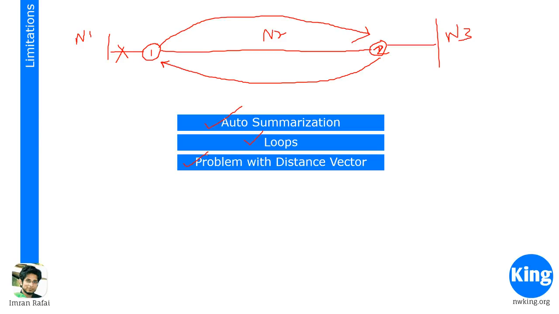So distance vector has an inherent problem, and that's why we will look at a much more advanced routing protocol called OSPF, and that is the de facto industry standard today, and a lot of companies use OSPF. So we will be looking at OSPF in much more depth in our future videos. But like I said, we wanted to give you some introduction to RIP, and that is this video.